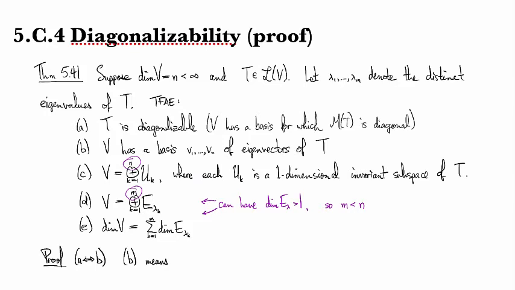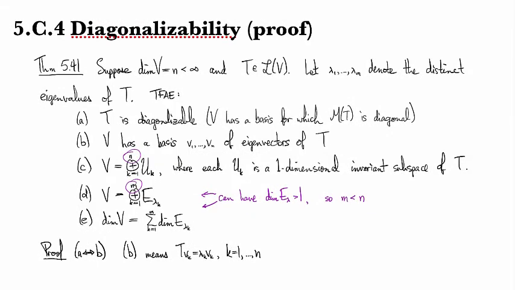means, to say that V has a basis of eigenvectors means that T vk is equal to lambda k vk for each of those vectors.